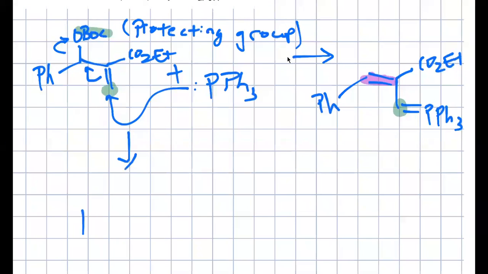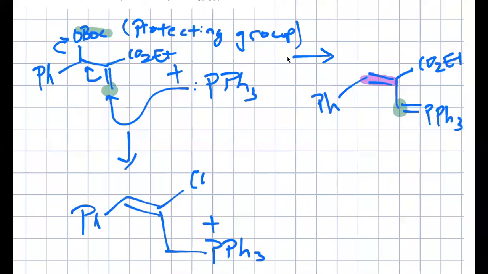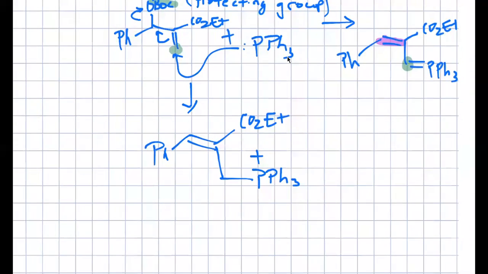I'll just redraw it. All right. Now, how do I get to here, which I could also write like this? I'm just gonna write the phosphorus part.